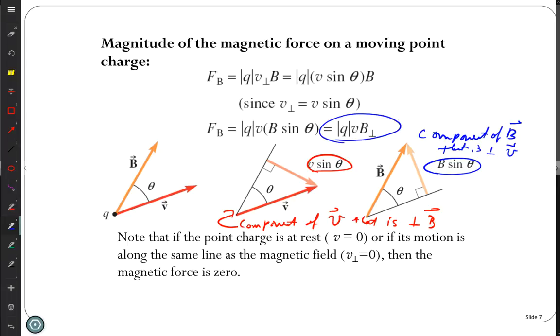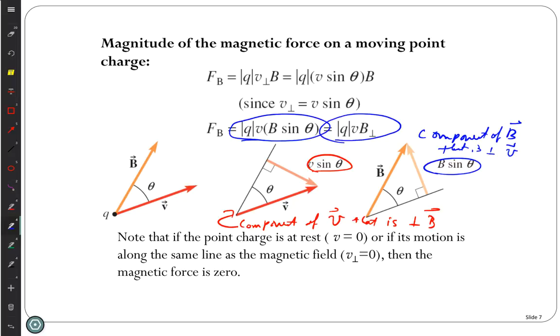So for the magnitude, notice they put absolute value on the Q because we don't want to put a negative magnitude. Just like with the electric force, I told you, just calculate the magnitude and calculate the direction separately. Do the same thing with magnetic field. So you just get the magnitude, no minus signs involved. So the magnitude is QVB sine of the angle between them. I guess I should circle that one too, because that has B perpendicular, which means B sine theta.